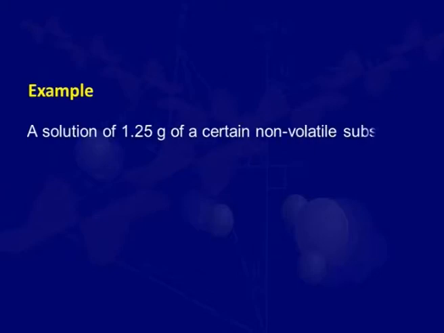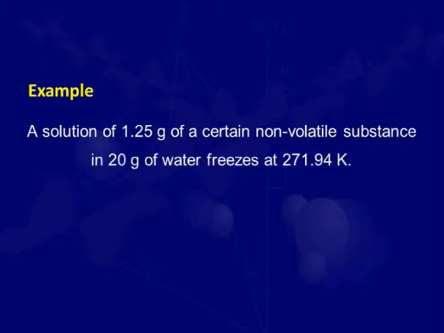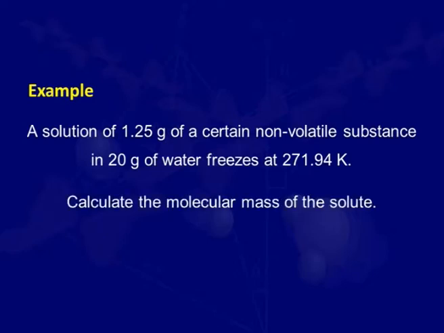Molecular mass of the solute can also be calculated with the help of this example. A solution of 1.25 grams of a certain non-volatile substance in 20 grams of water freezes at 271.94 Kelvin. Calculate the molecular mass of the solute. Kf is given as 1.86 Kelvin kg per mole. As you know, the freezing point of water is equal to 273 Kelvin.